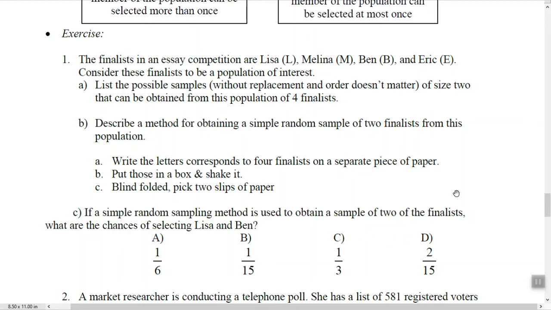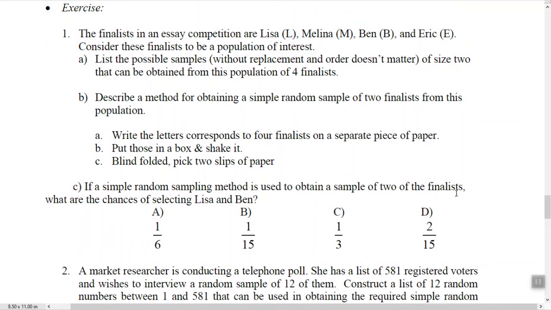You have to mix them up. Then, blindfolded, pick 2 slips of paper. Now you have selected 2 people randomly. That's how it works. That's actually how we deal with this kind of sampling.